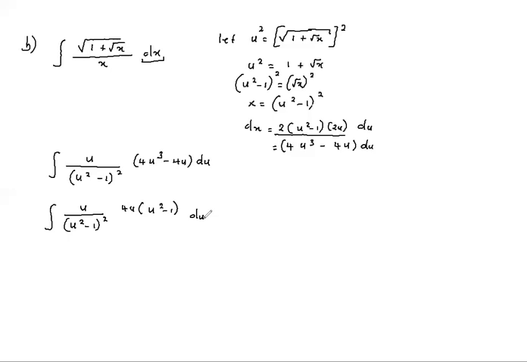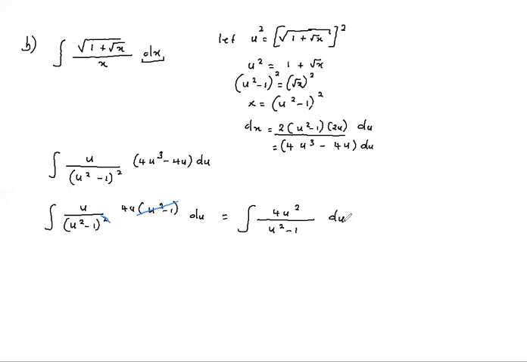I've done that deliberately so that this part can take away the power here, since we have 2. And then we should have 4u by u, we'll get 4u squared over u squared minus 1 du.